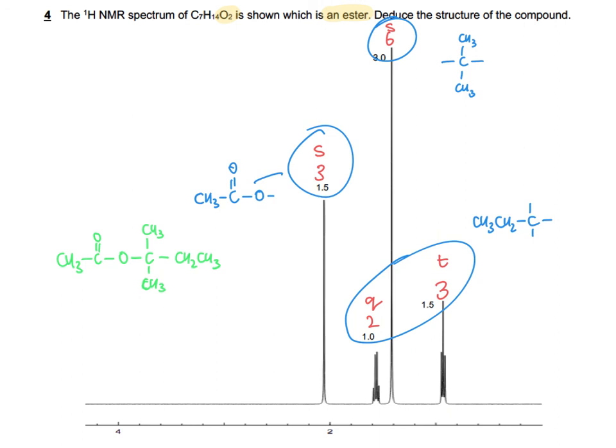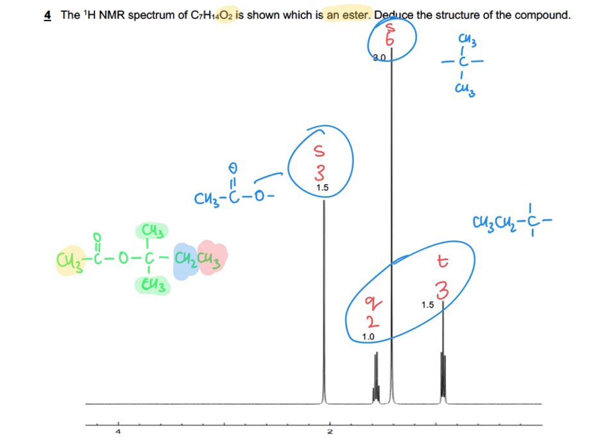So there's one environment, there's another, there's one, and there's another environment. So there would be 4 environments, so I should have 4 signals, and I do have 4 signals.